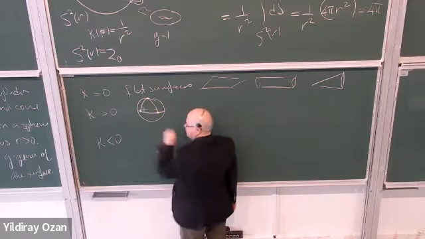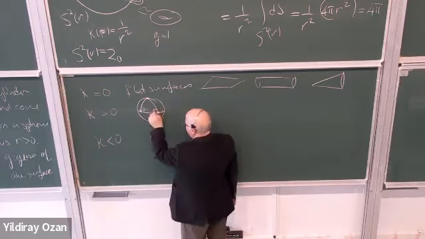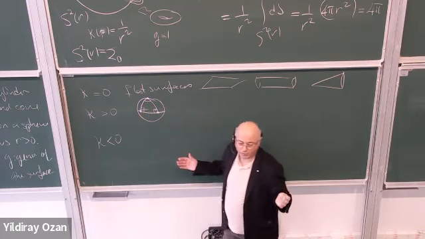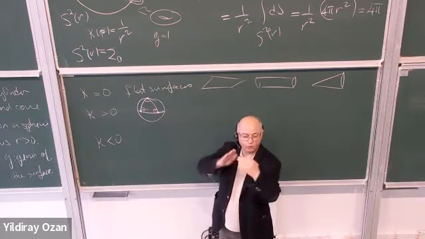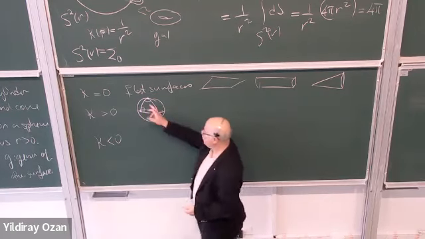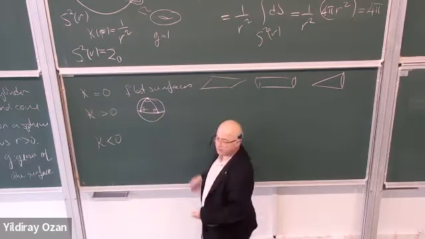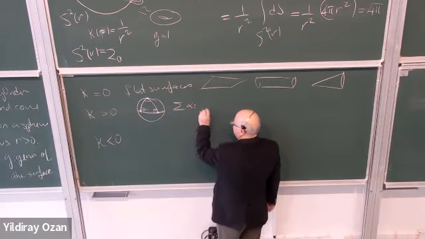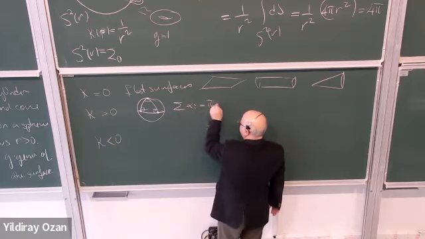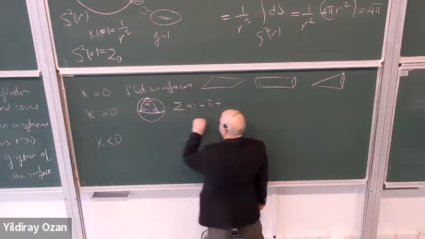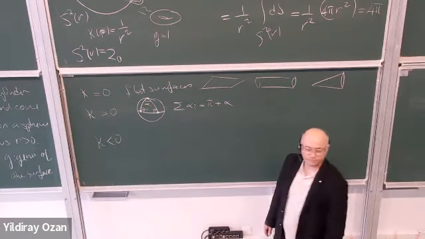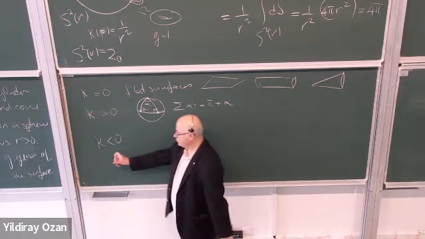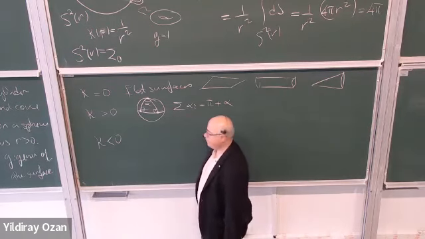So this angle is 90 degrees, this angle is 90 degrees, and this angle can be anything you want. It can be very small or big. So the sum of the interior angles is pi plus whatever this alpha is.